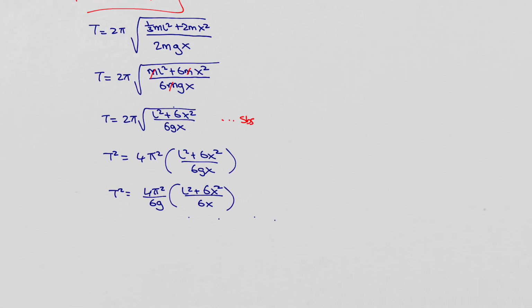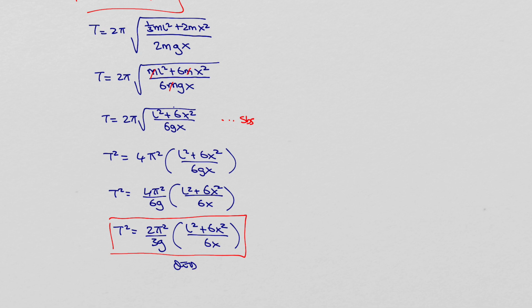And then of course I can divide the top and the bottom by 2, which is exactly what we wanted to get. So T squared is equal to 2 pi squared over 3g, which is clearly just a constant, because pi is a constant, 2 is a constant, 3 is a constant, and g, gravity, is also a constant. So now we have our periodic time squared.